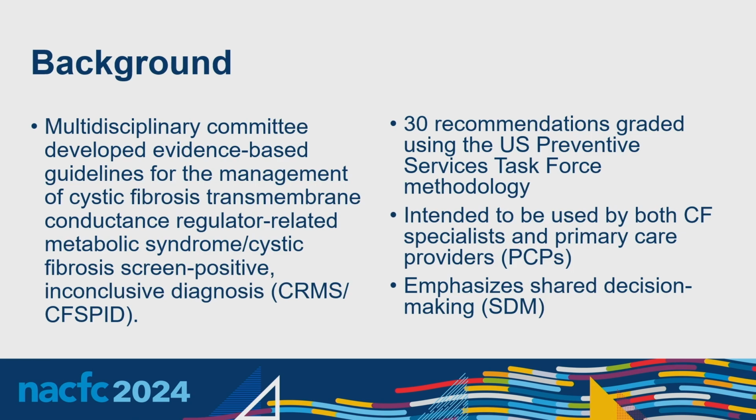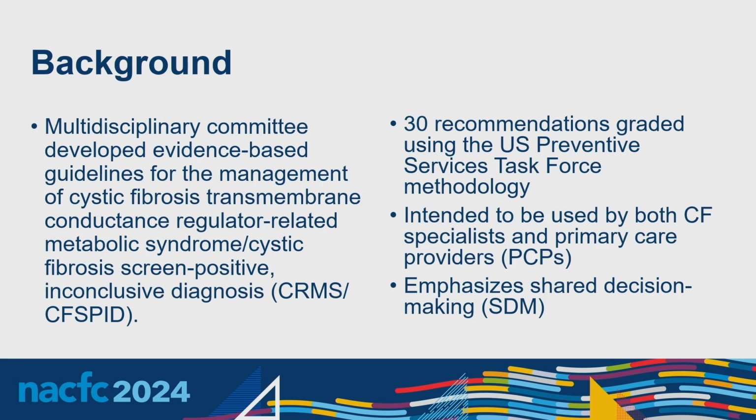A total of 24 patient intervention comparison and outcome, or PICO, questions were generated, and these were based on surveys sent to people with CRMS CFSPID and clinicians caring for these individuals, also taking into account previous recommendations and expert committee input. Then a systematic review of the evidence was conducted, which found numerous case series and cohort studies, but no randomized clinical trials.